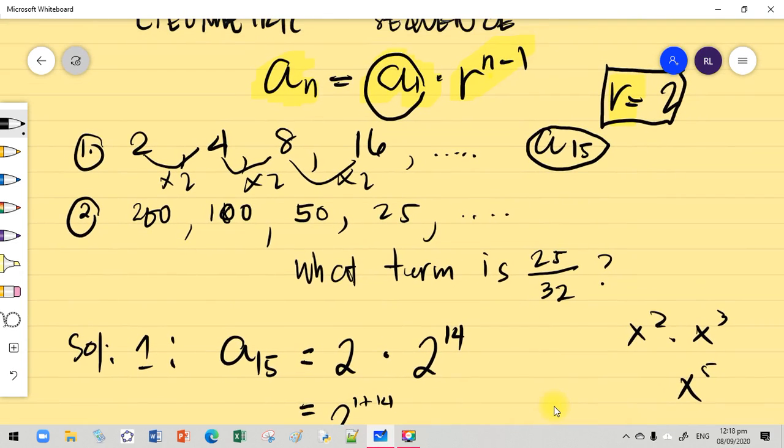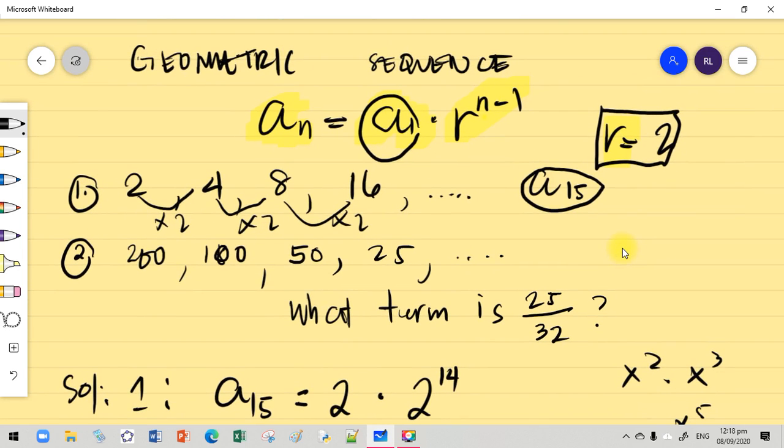Again, by definition, in a geometric sequence, r is not by division but by multiplication. So what number should we multiply by 200 to get 100? What number should we multiply by 100 to get 50? Saying 200 is divided by 2 is the same thing as saying 200 is multiplied by 1/2.